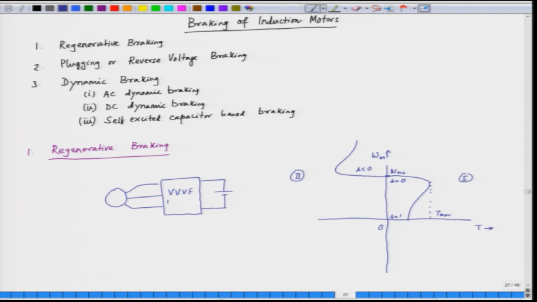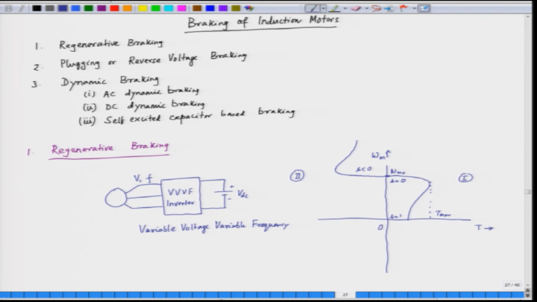VVVF stands for variable voltage, variable frequency. So, we have the DC voltage here, and by using an inverter we can vary the frequency of the output voltage, and also the magnitude of the output voltage.